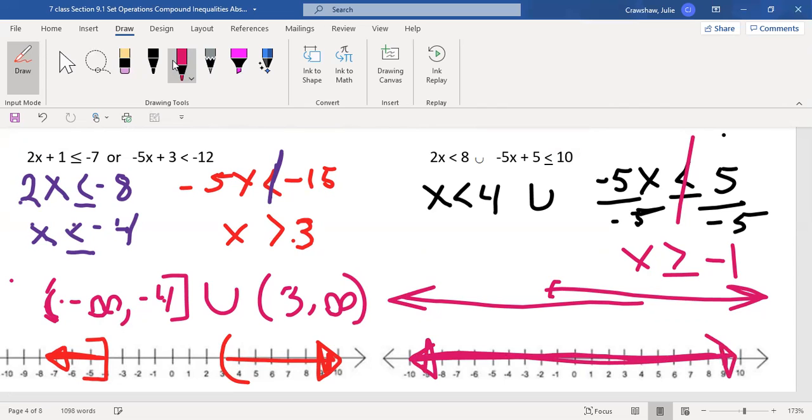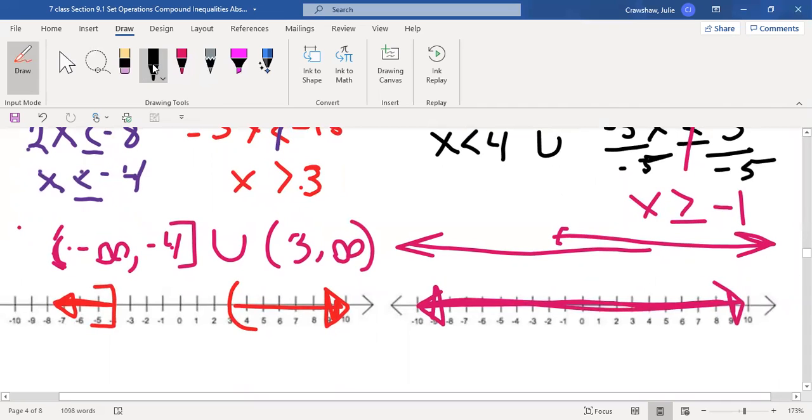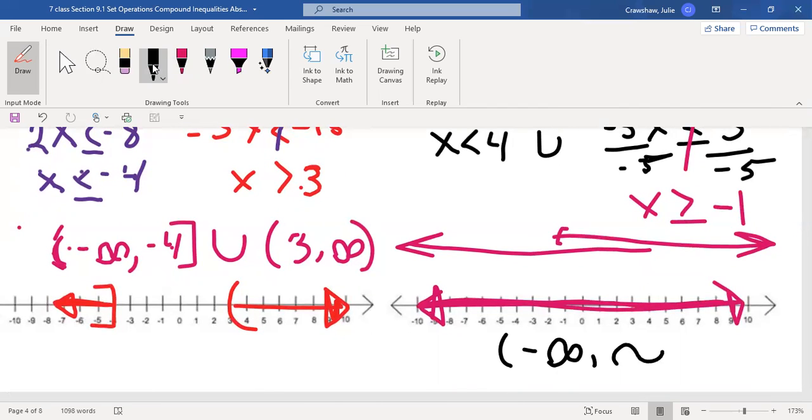Every single number will work in one of those because union means one or the other. So this is a case where the entire number line is the solution. So my interval notation is negative infinity, comma, infinity.